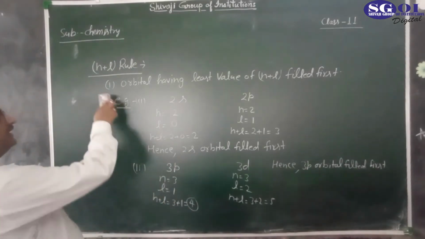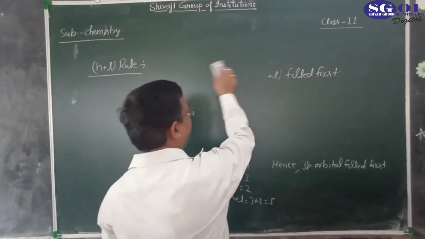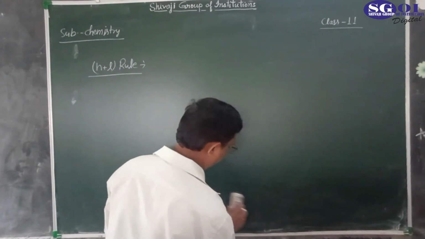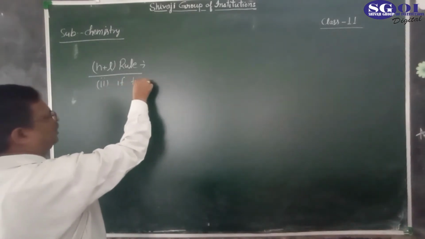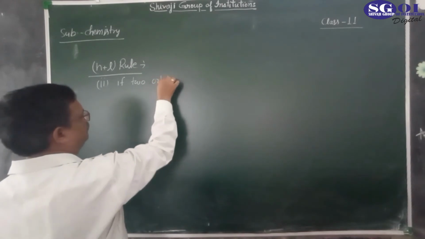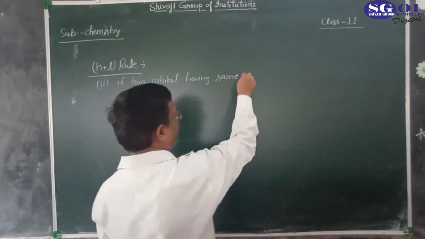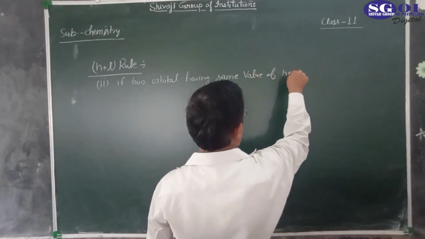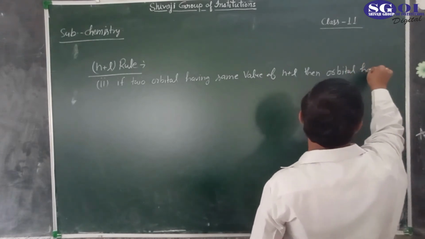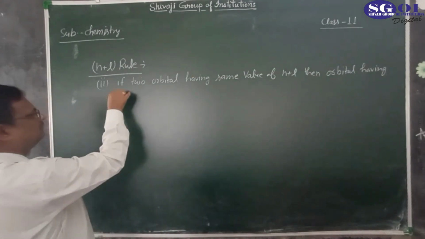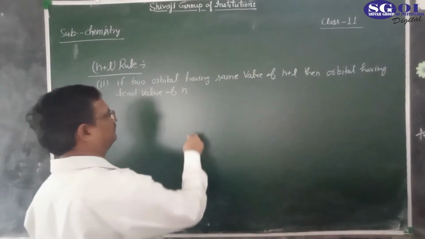Now the second rule in the n plus l rule. Rule 2: if two orbitals have the same value of n plus l, then the orbital having the least value of n is filled first.